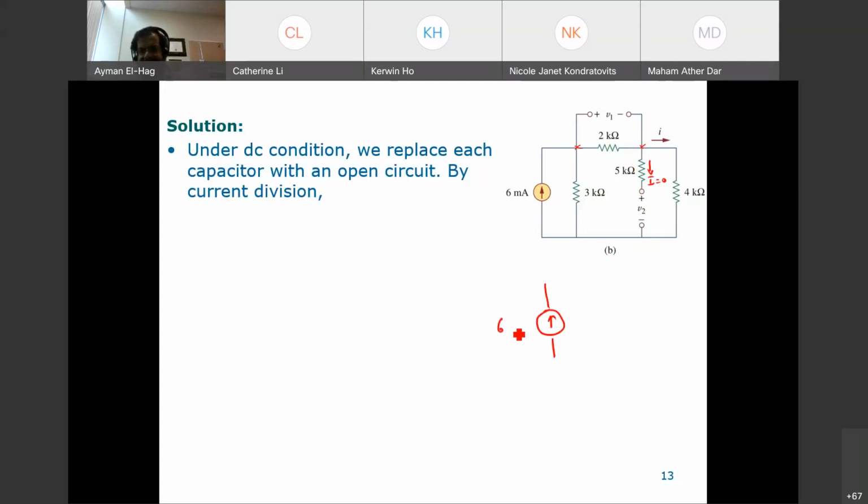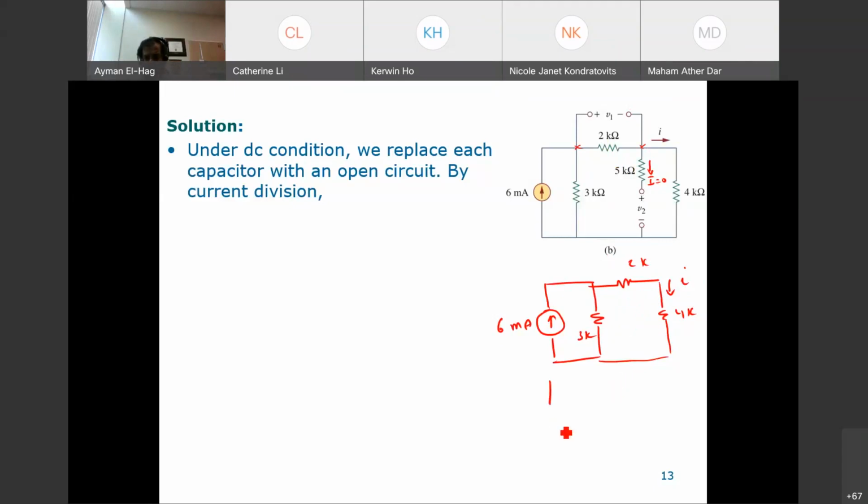So we have here 6 milliamp, one resistor, which is the 3 kilo ohm, the 2 kilo, and the 4 kilo. I'm interested to find this current I that goes through the 2 and the 4 kilo.